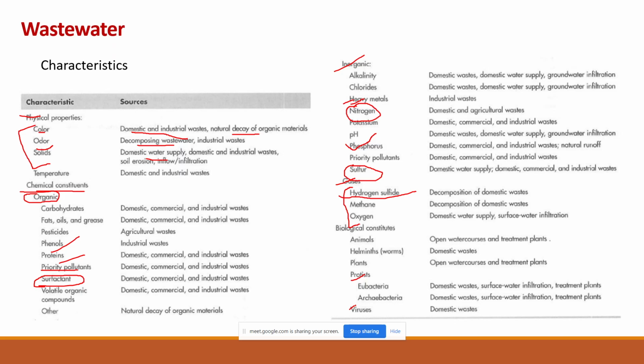When we talk about a little larger scale apart from microorganisms, you can have different helminths, worms, which basically come from the domestic waste, right? So this is the major composition of wastewater: what the physical, chemical and biological properties are, and what kind of wastewater will contribute to which property, right?